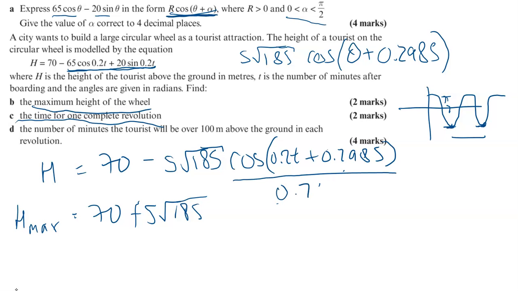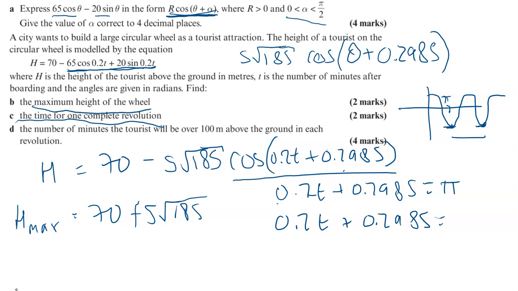So 0.2t plus 0.2985 equals pi, that's going to be our starting point, and then 0.2t plus 0.2985 equals 3 pi, and you're going to work out what the t is for this. Just take away, divide, and those two values of t, you're going to find the difference between them, and that will be the time for one complete revolution. Again, I'll let you do the actual number crunching.